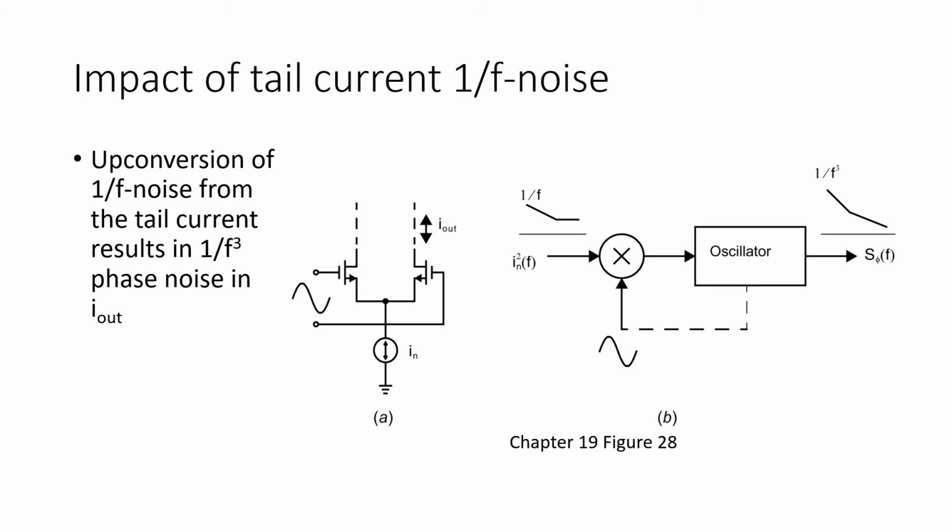So typically the transistors making up this tail current source will have noise that includes both white thermal noise and flicker noise with a power spectral density of 1 over F. Now both of these noise terms are upconverted to the vicinity of the output frequency F0.